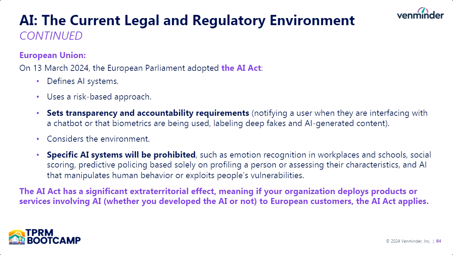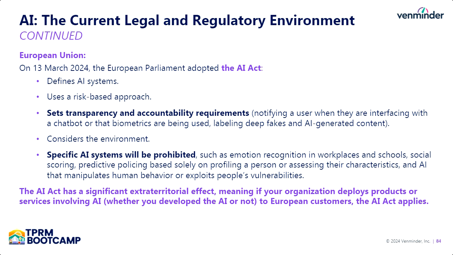Now, as is the case with a lot of emerging risk issues, we see the EU really taking the lead here. They just adopted the AI Act, which very clearly defines what an AI system is, setting some very strong transparency and accountability requirements, and will do things like make you have to call out a deepfake or AI-generated content, or let someone know that they're talking to a chatbot.